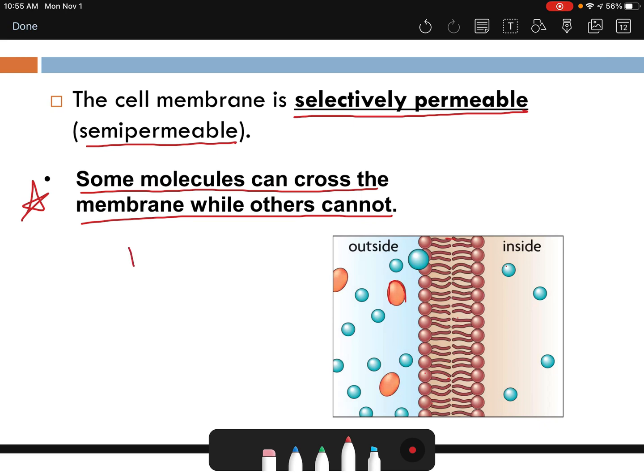If they're too large, if they're polar, because guess what? A polar molecule might not have problems with the phosphate head, but once it tries to go through the lipid tails, it gets repelled. And so some of these can't cross easily.